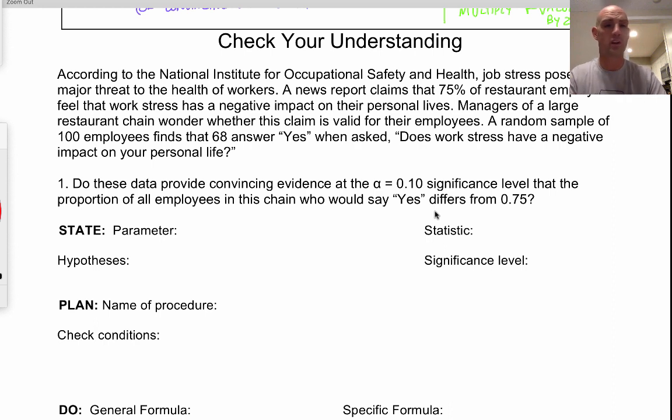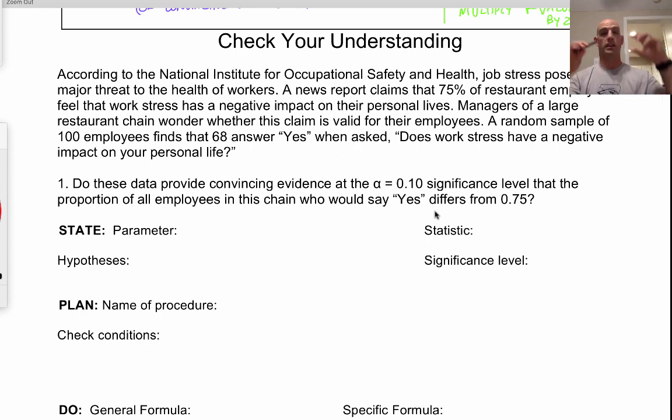A random sample of 100 employees finds that 68 answered yes when asked, does work stress have a negative impact on your personal life? So the question is, is there convincing evidence at the alpha equals 0.10 significance level that the proportion of all employees in this chain who would say yes differs from 0.75?